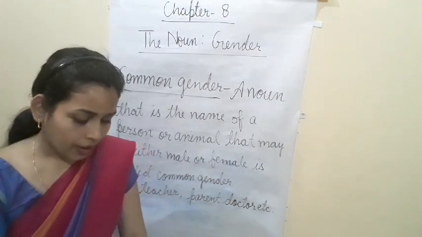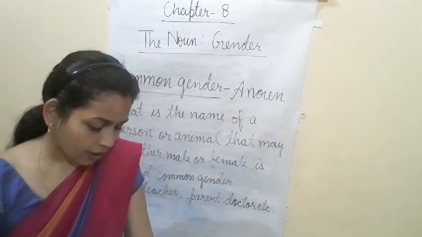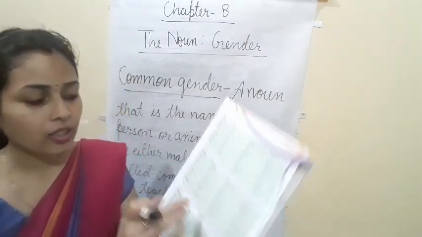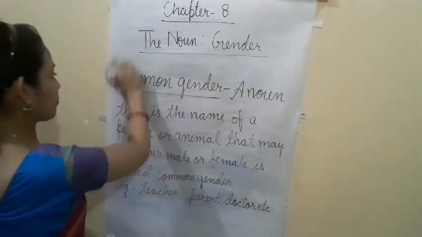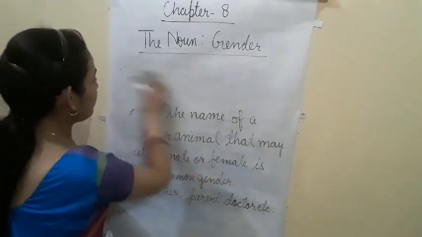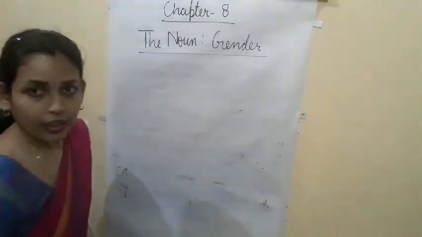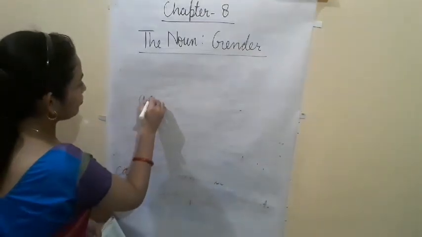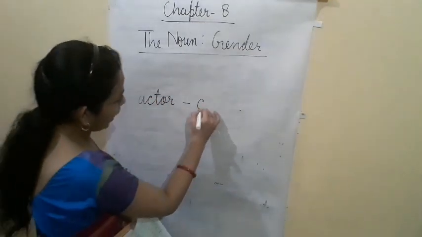Okay, learn it with the spelling. Okay, because here in this case, actor, actress, like that, you can see this example. Okay, actor. So when we make it, that will be actress.